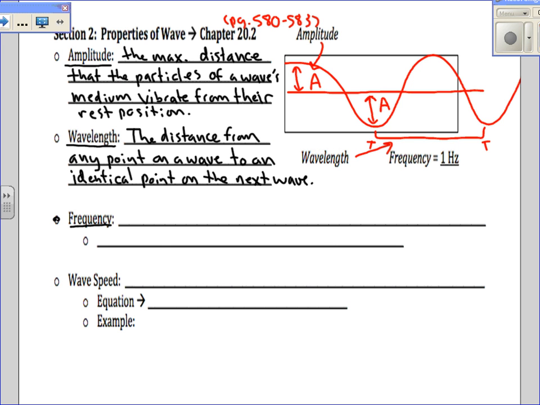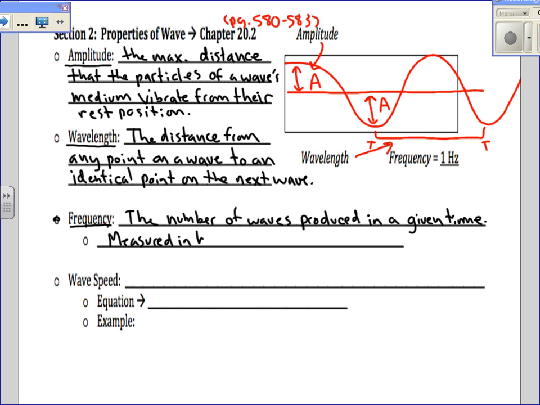Now what I need to do is discuss what frequency is. Frequency is the number of waves produced in a given time. Frequency is measured in hertz, or waves per second.